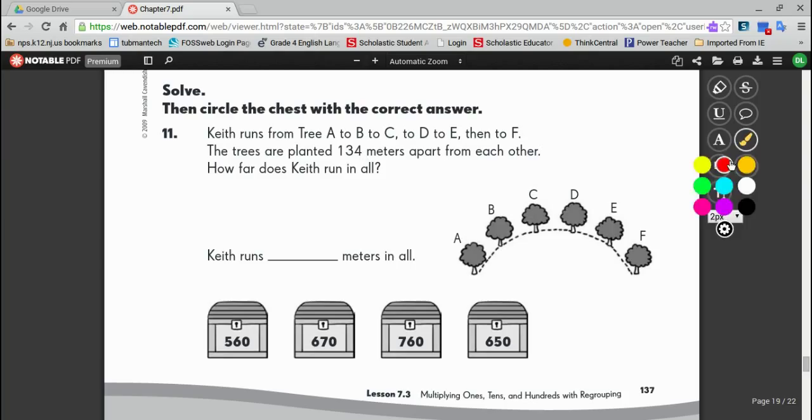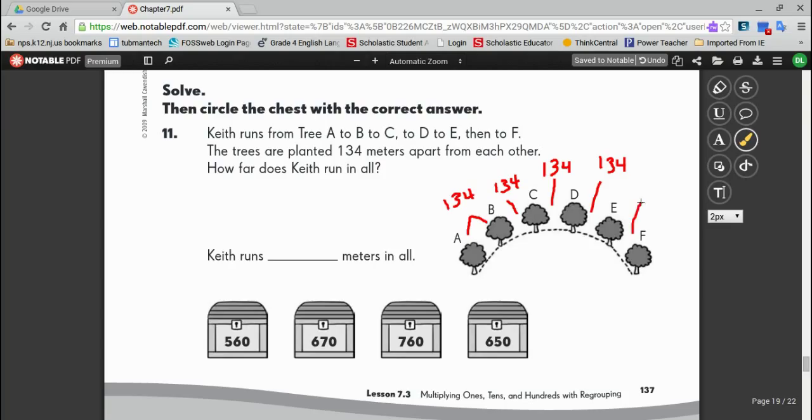So that means in between A and B, we have 134. In between B and C, another 134. In between C and D is another 134. In between D and E is 134, and then lastly, in between E and F is 134.